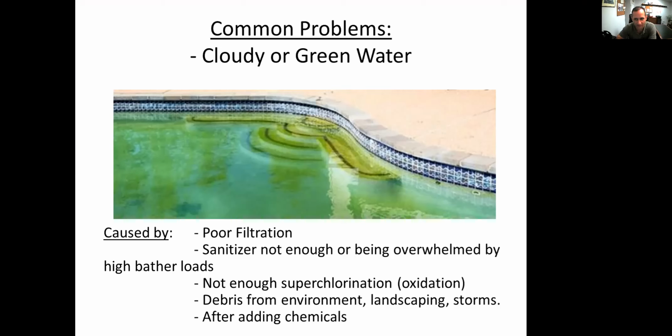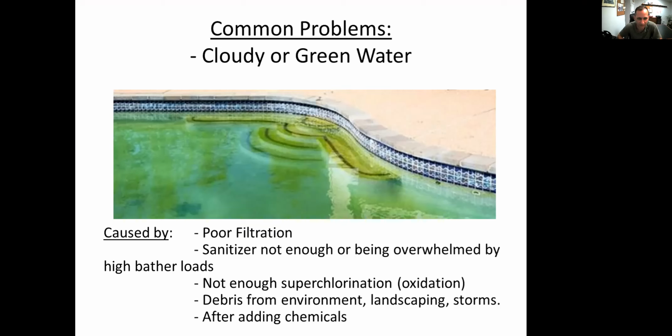It's undersized, something blocking the circulation so water's not flowing, or the filter could just be dirty or not maintained properly. Also, if there's not enough sanitizer, or it's being overwhelmed by stuff in the water, like a high bather load, it'll use up more chlorine, and it might not be enough. You might not be adding enough sanitizer.